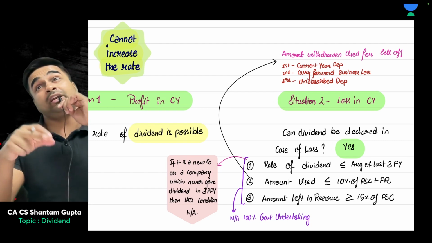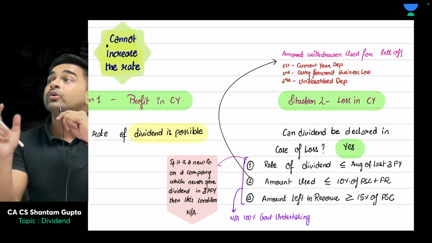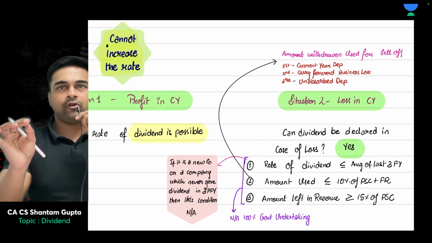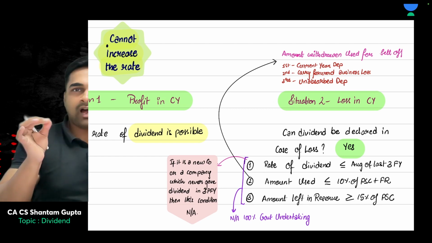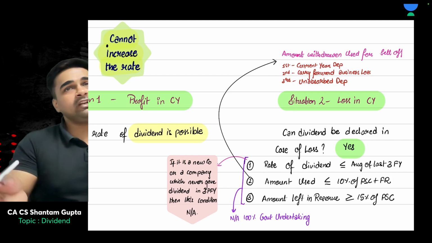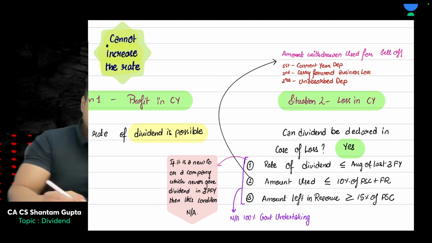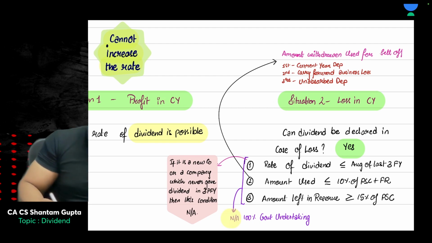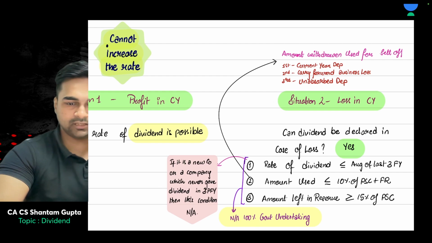Means, sir, if I am in a government company and we are making a loss, we can still declare dividend whatever I want to. Yes. For a government company, if 100% capital is held by government, even if I am making a loss, I can declare dividend. They fall under the exceptional category.